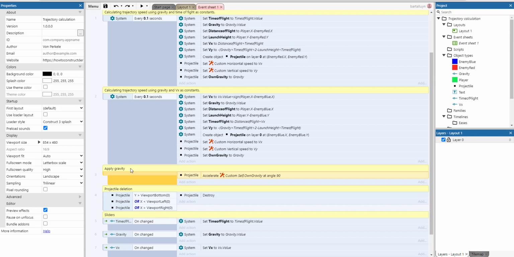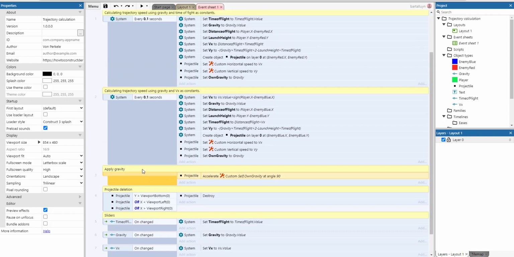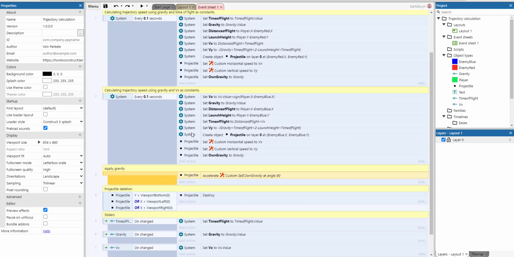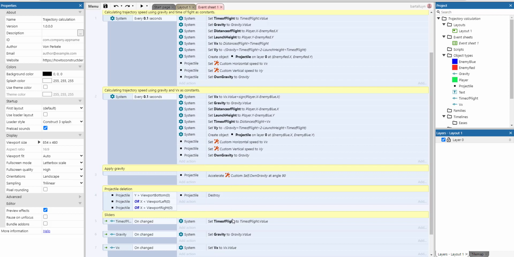Instead, it uses the custom movement behavior. And in that custom movement behavior, you can apply an acceleration to a certain object. And that's what we're doing here when applying gravity. We're just doing that all of the time. On every game loop, we're just applying gravity, and we are accelerating the projectile based on the gravity we're setting in the gravity slider.